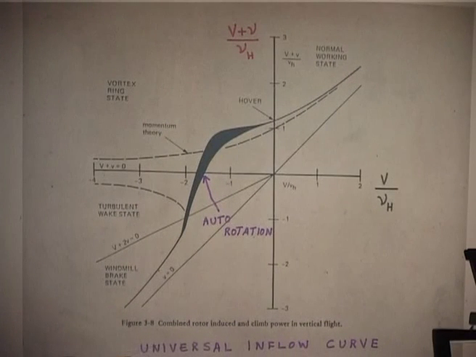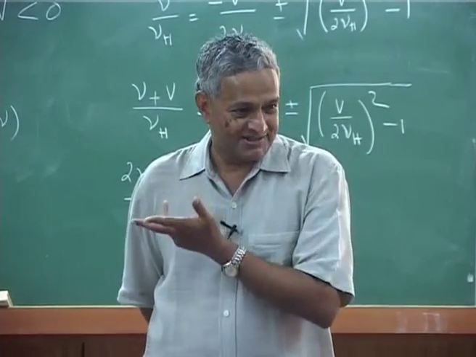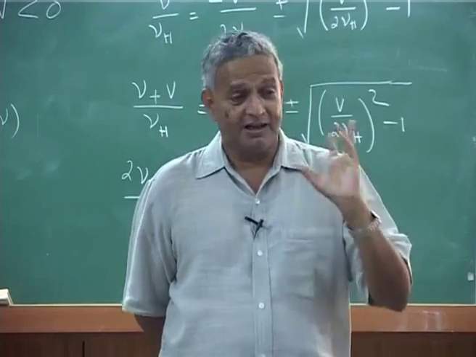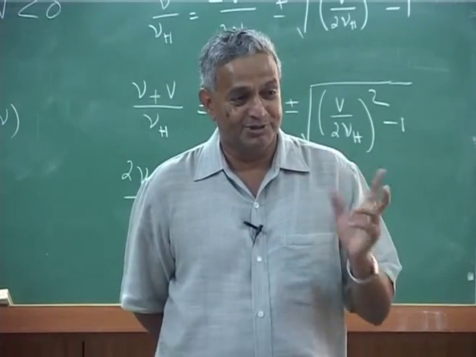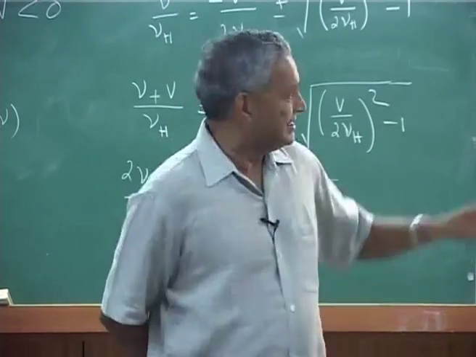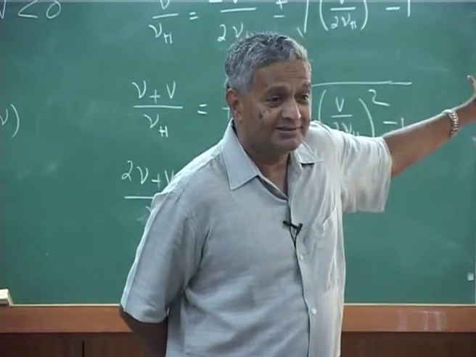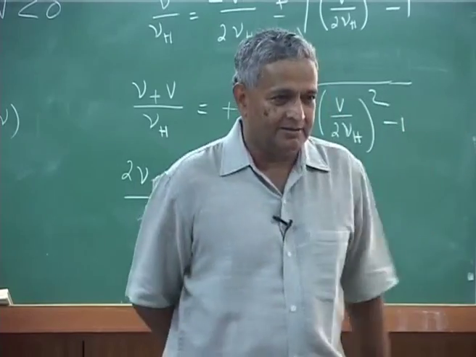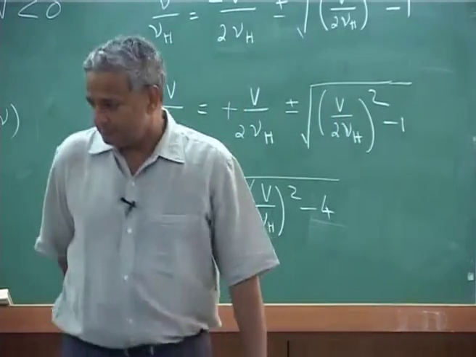Then you find non-uniform inflow, and then tip losses, and then you can have swirl. So, these are all the additional effects which we do not model in getting this curve. That is why for the practical curve they just put it a little, okay, that is all.